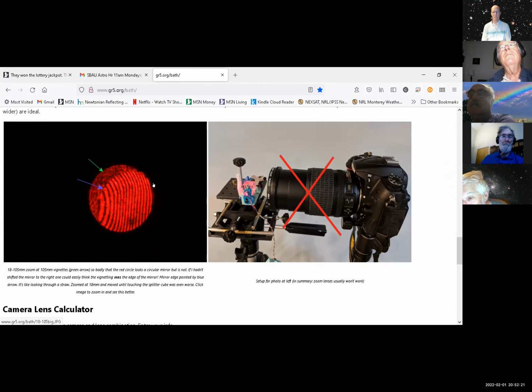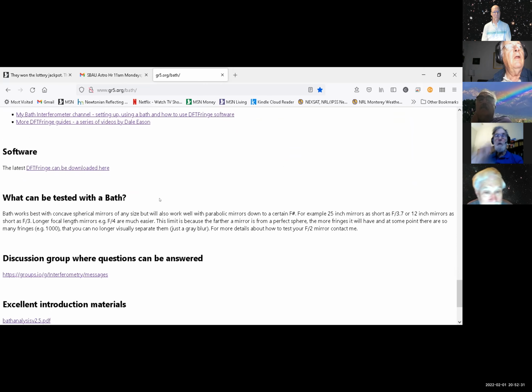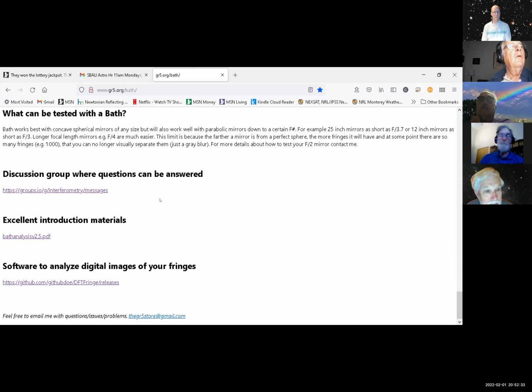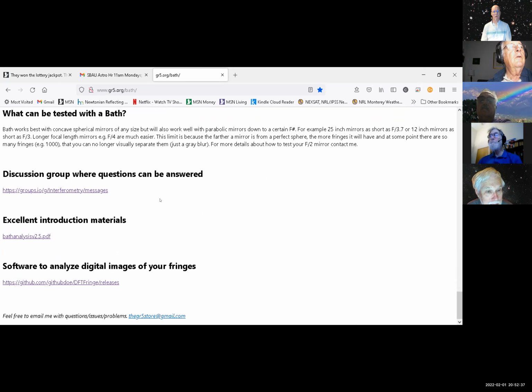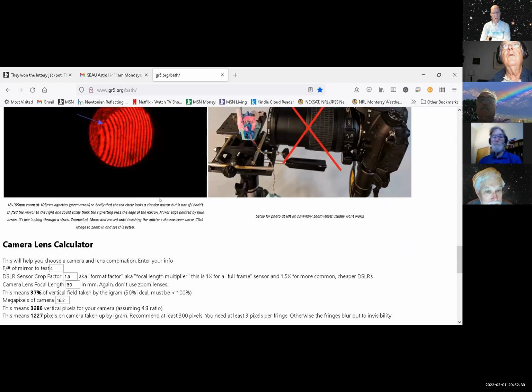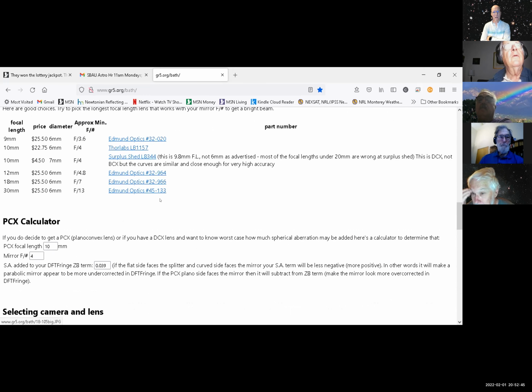Because most zooms have a small focal ratio, they're slow, and you get vignetting. It says that it works with concave mirrors, but only certain parabolic mirrors up to a certain f ratio.